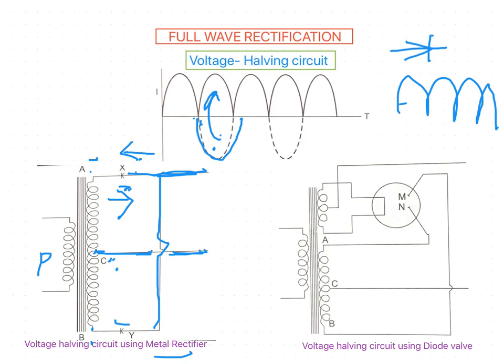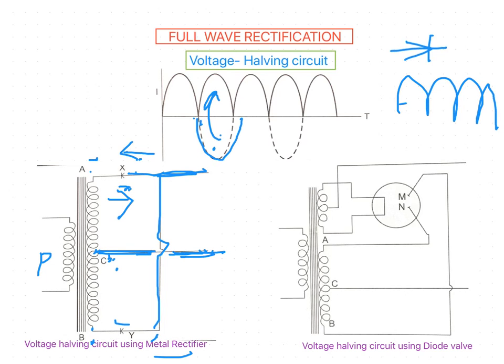So then what happens? Electrons flow from C to the external circuit first and then back to the rectifier Y, and then it goes to B. So the current flows from C to the external circuit.